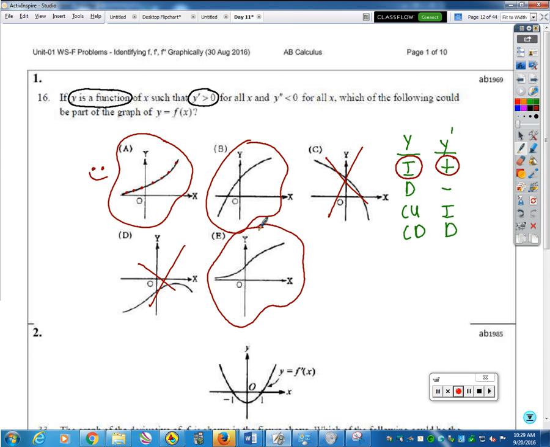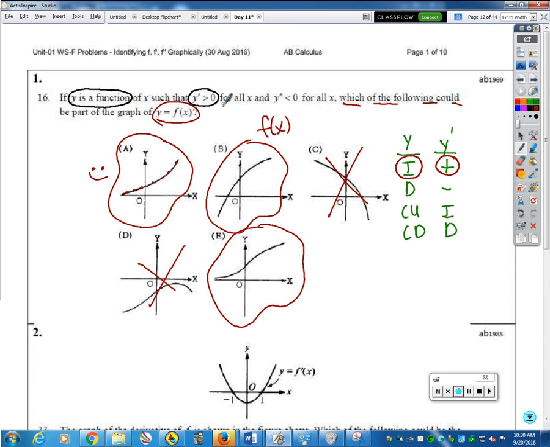Can you say that louder, Sarah? Can you say what we're looking at increasing again? Yeah, perfect. So are you comfortable, Sarah, with which of the following could be part of the graph of y? These are all f of x down here. These are all the original y function. Good. They told us that y prime, which means the exact same thing as f prime, always has positive y coordinates.